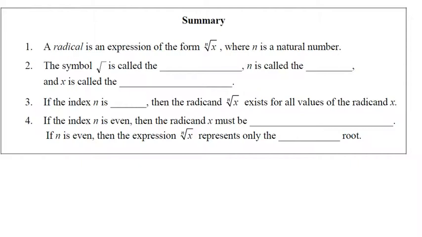Summary. A radical is an expression of the form the nth root of x, where n is a natural number. The symbol is called the radical sign. N is called the index, and x is called the radicand.